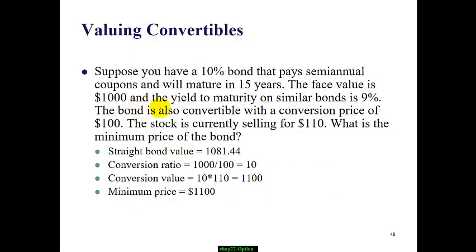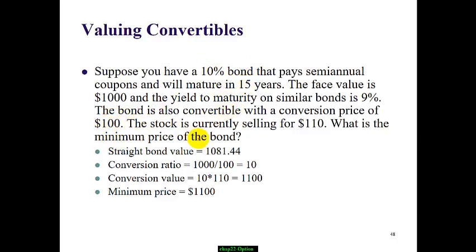Example: you have a 10% bond paid semi-annually, maturing in 15 years. Face value 1,000, yield to maturity on a similar bond 9%. The bond is also convertible with a conversion price of 100. The stock is currently selling for 110. So what's the minimum price of the bond? So the bond has this convertible feature.